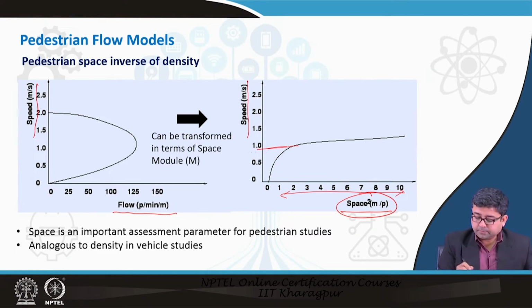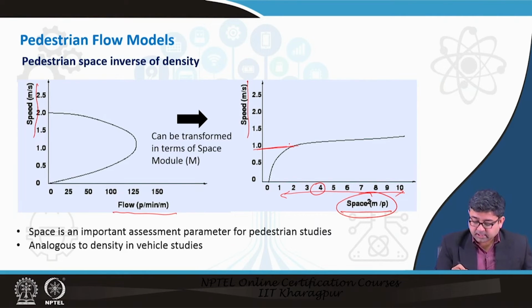On an average, maybe people walk at around 1 meter per second. One may think that, well, let me build a wider sidewalk where I am giving about 4 square meters per person, and maybe the thought is that if I give more space, people can walk faster.